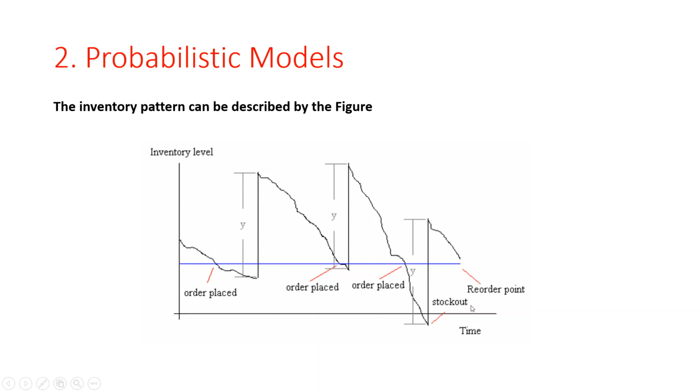Inventory can be carried from the first period to the second period, and so on. An order is placed whenever the inventory position reaches the reorder point, and demand is probabilistic, so the time the reorder point will be reached, the time between orders, and the lead time are uncertain. So this is our reorder point inventory model, or multi-period inventory model.